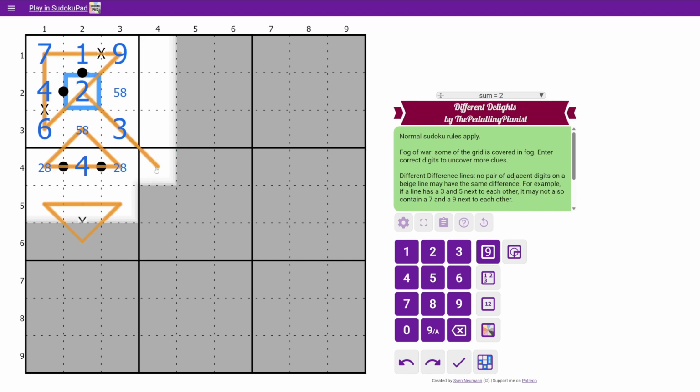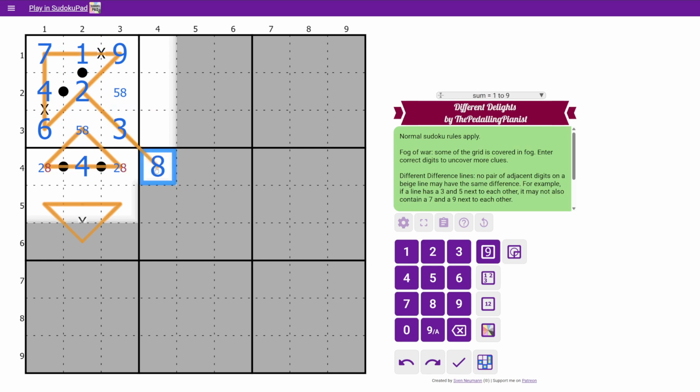We've had a difference of 1. Here's a difference of 2. Here's a difference of 3. Here's 4. We've not had 5. We have had 6.